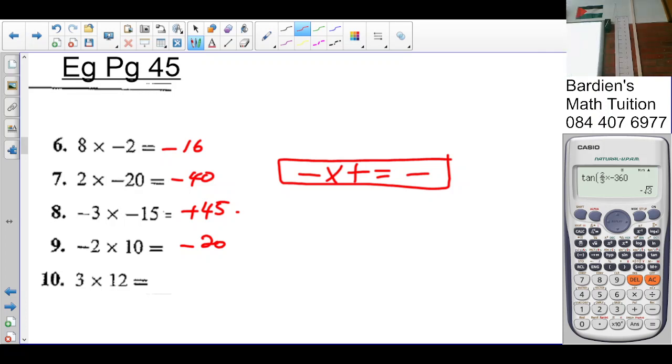If there's no sign, then what is it? Positive. What's positive times a positive? Positive. 3 times 12? 36.